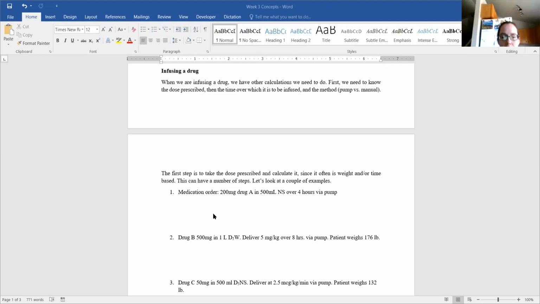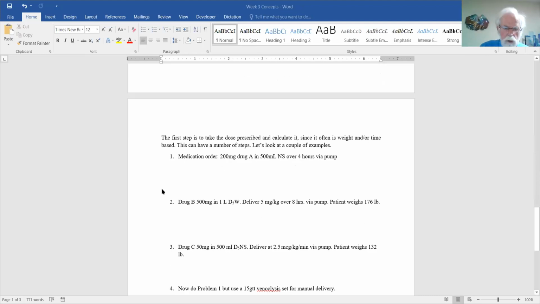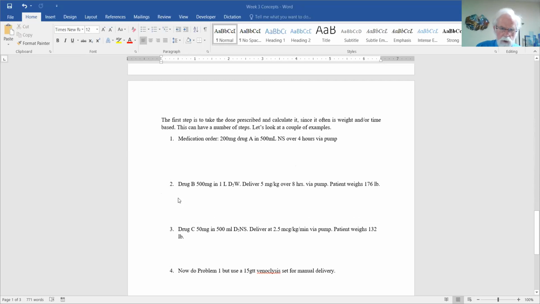Now the next problem is slightly different. Let's look at it a little bit here. We're going to have 500 milligrams of a drug in 1 liter of 5% dextrose and water. Here we want to deliver 5 milligrams per kilo over 8 hours via the pump.